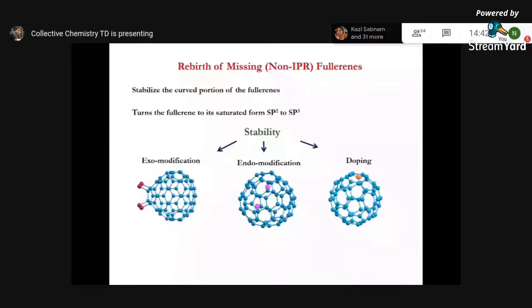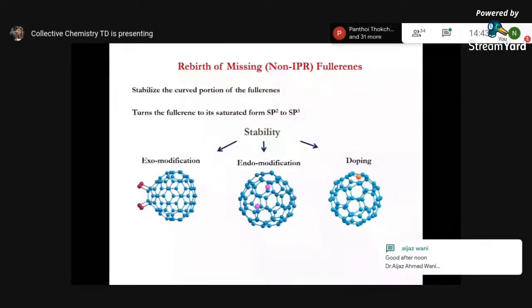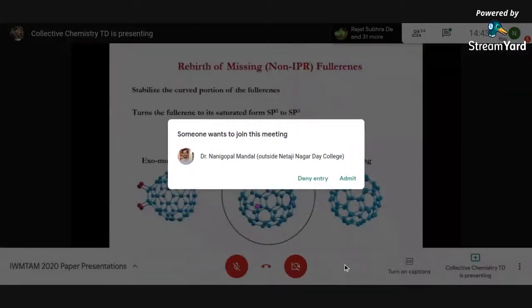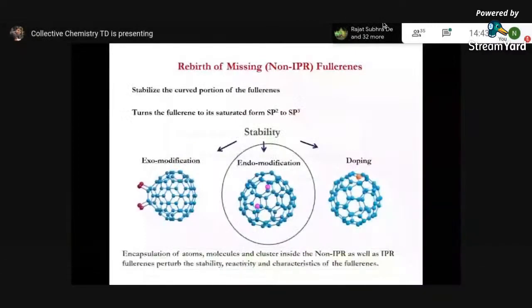In endo modification, we can encapsulate different types of atoms and molecular clusters inside the fullerenes, and in doping, some carbon atoms are replaced or substituted by other atoms. Here we have concentrated on endohedral fullerenes, and here encapsulation of atoms, molecules, and clusters inside non-IPR as well as IPR fullerenes affects the stability, reactivity, and characteristics of the fullerenes.